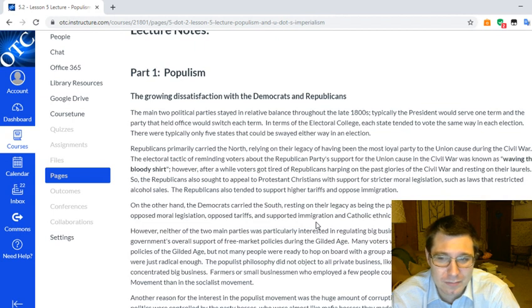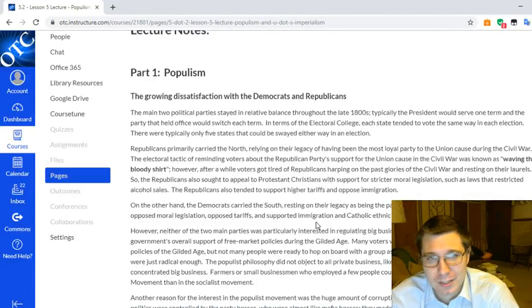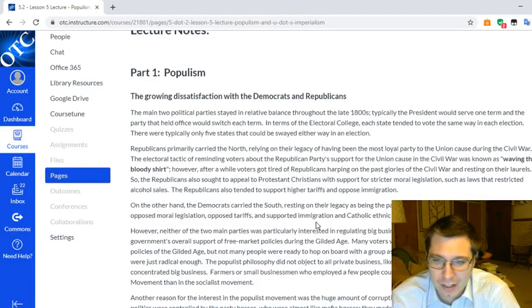The main part of the Democratic Party ended up siding, I think it's safe to say, with the Confederacy. The Democrats also opposed moral legislation, opposed tariffs, and supported immigration and Catholic ethnic groups. These are the groups that the mostly Protestant Republicans tended to oppose.